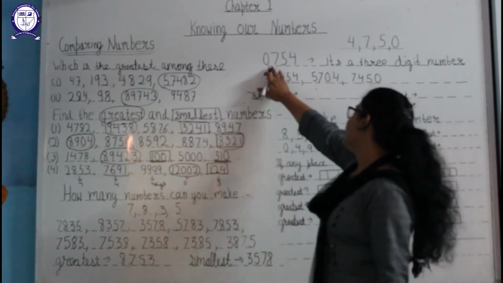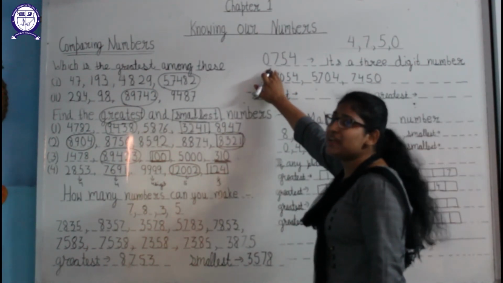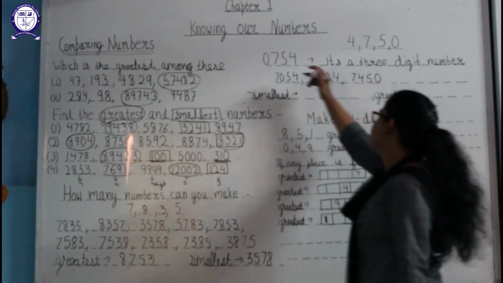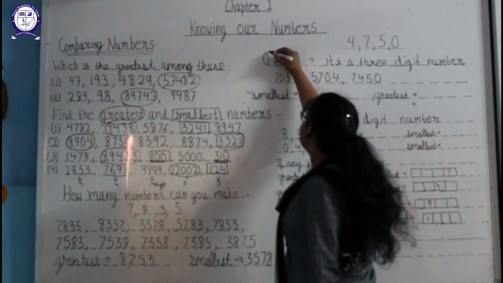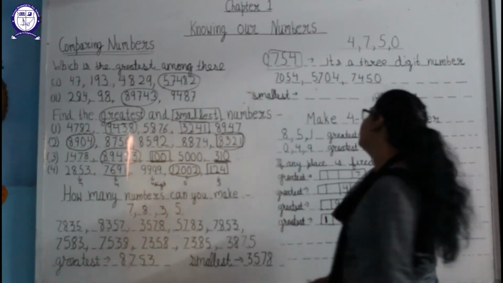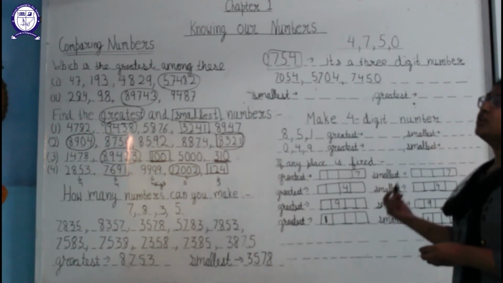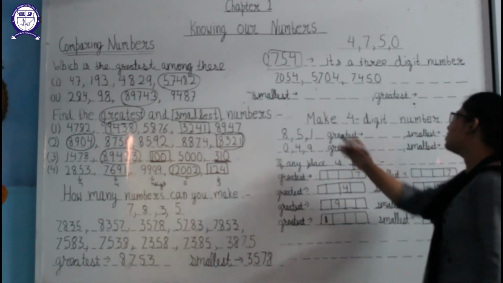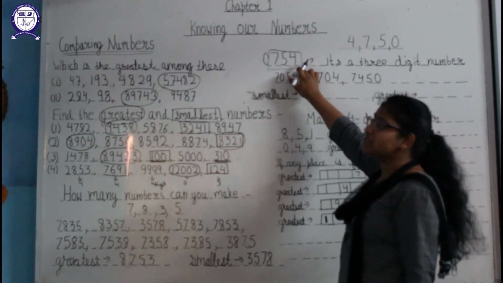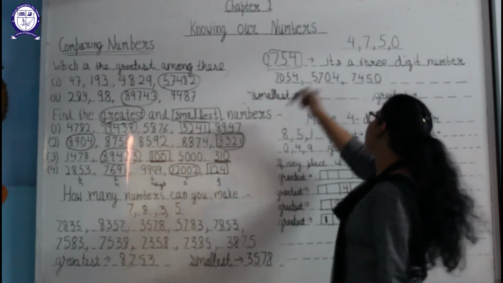Because if we place 0 at the first place, then it will become a 3-digit number. We will read it out as 754, which is not a 4-digit number. So we will always use 0 either at the second place, third place or fourth place for a 4-digit number.